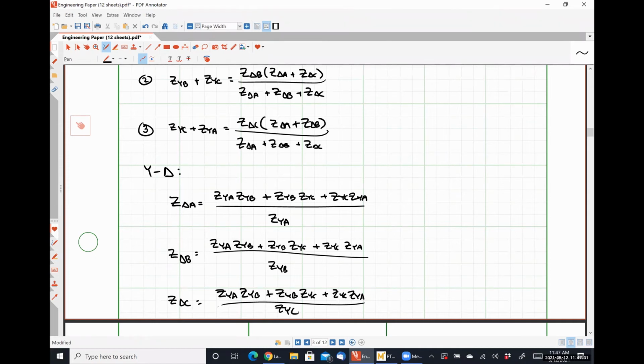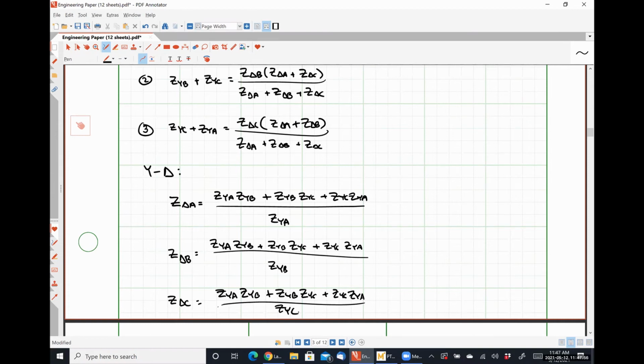What happens when this is balanced? When we have a balanced system, that means ZYA and ZYB and ZYC are all the exact same quantity, right? So that means we have ZY squared plus ZY squared plus ZY squared, which is 3ZY squared, divided by ZY.